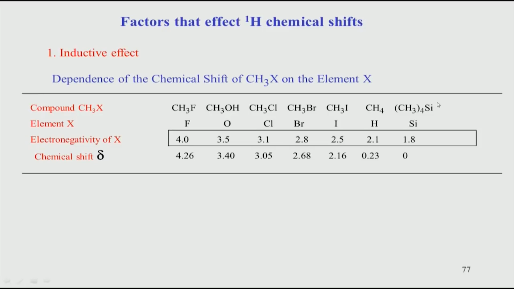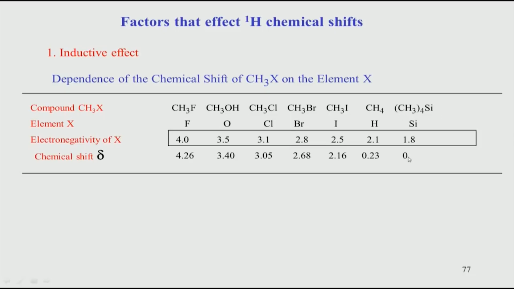This is an organic compound which comes at a very upfield value. We arbitrarily assign this as 0. You have to keep in mind that it is not that it does not have any chemical shift value. The hydrogen atoms in tetramethylsilane definitely have a chemical shift value, but we put it as 0.